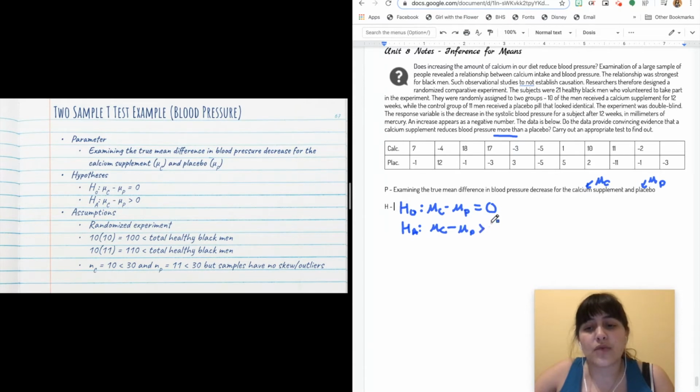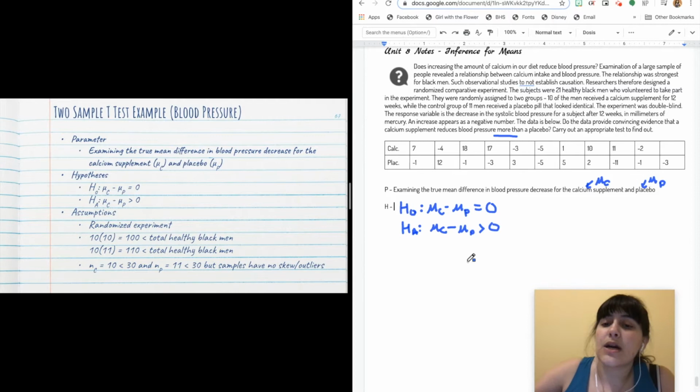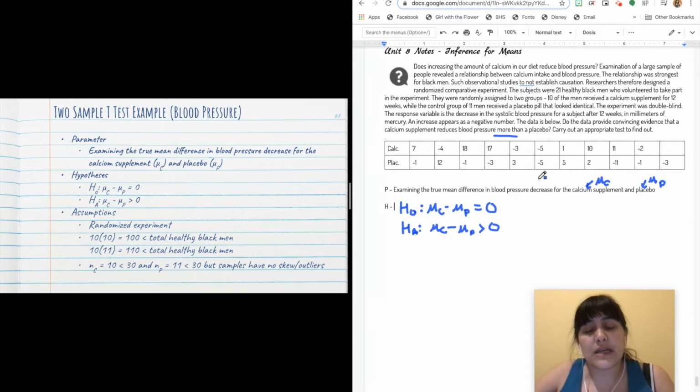That's what we're trying to prove. So we're going to say that this is greater than 0. If it should have been a less than symbol, this would have said less than the placebo. If it was a not equal to, this would have said different than the placebo or not the same as the placebo, and it wouldn't have indicated a direction one way or the other. So that is your H step right there.